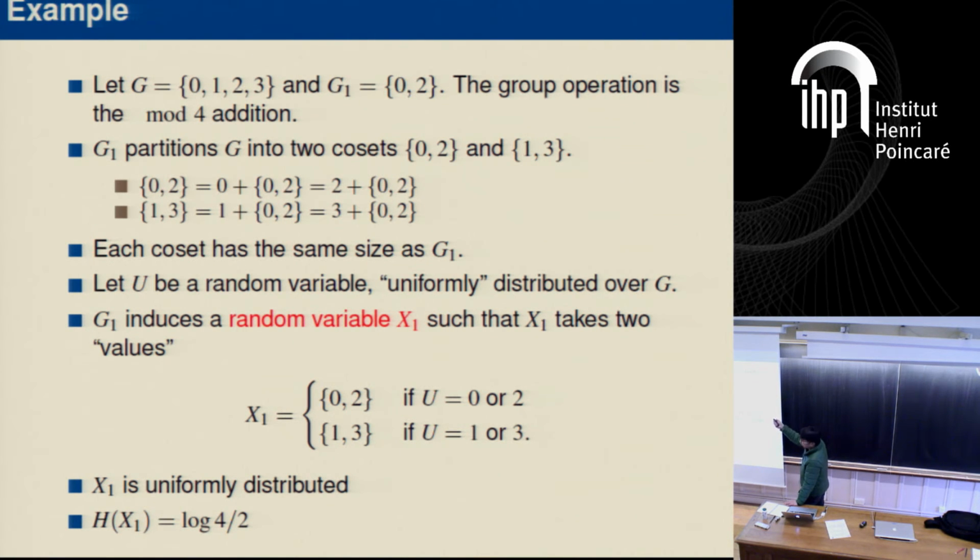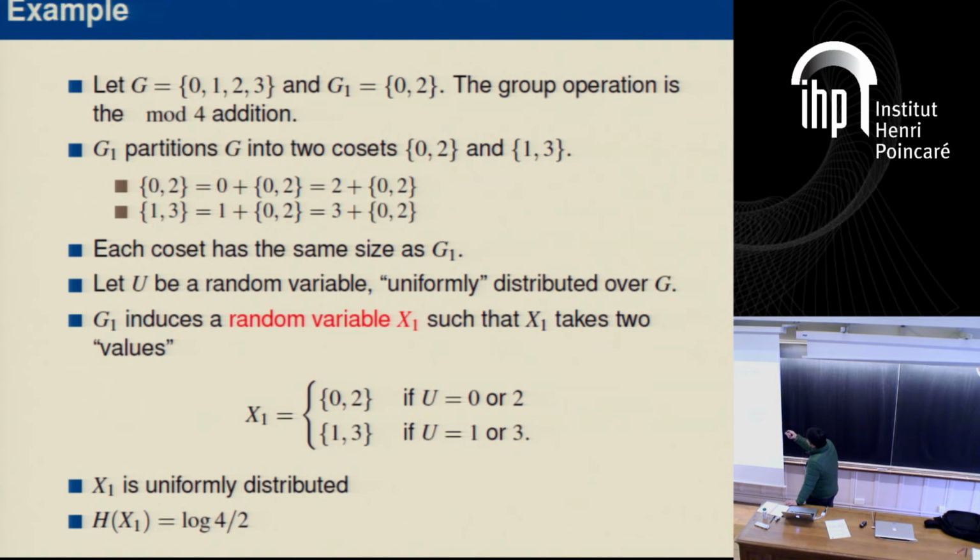The other one is 1 and 3. It is interesting to note that the coset 0, 2 is equal to this element plus the group 0, 2, or also equal to the other element plus the group. So they all give you the same set in the end.